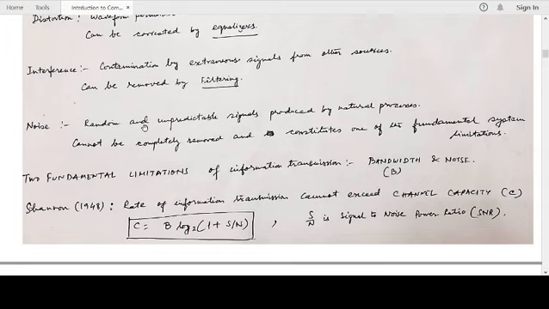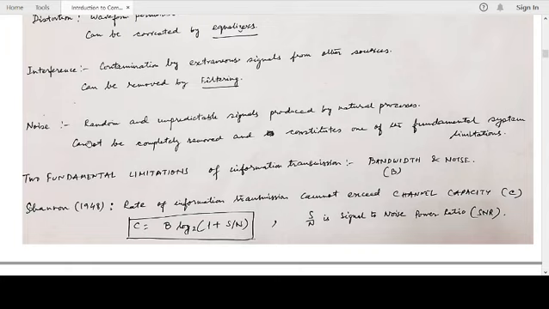Noise is any random and unpredictable signal produced by natural processes, typically modeled as a stochastic process. That's why it is very important for us to understand random processes and their various mathematical nitty-gritties. Noise cannot be completely removed from the received signal.